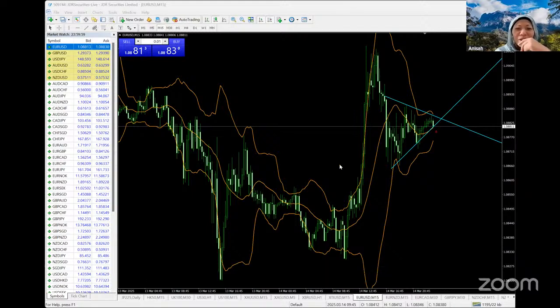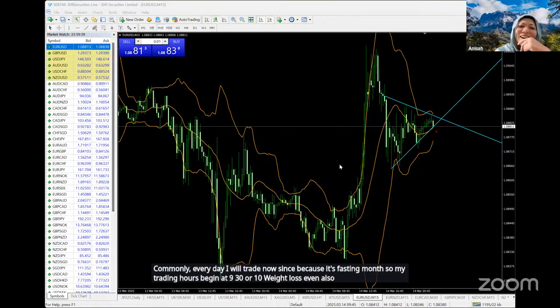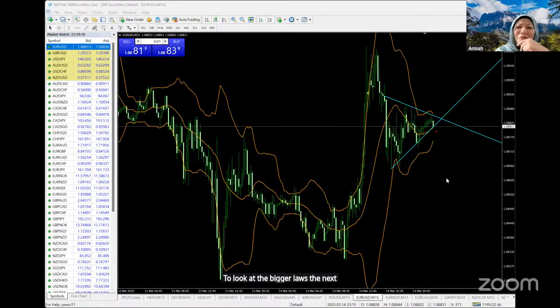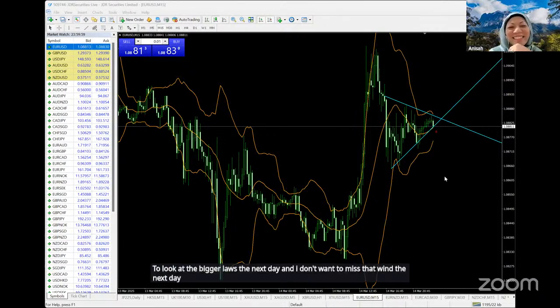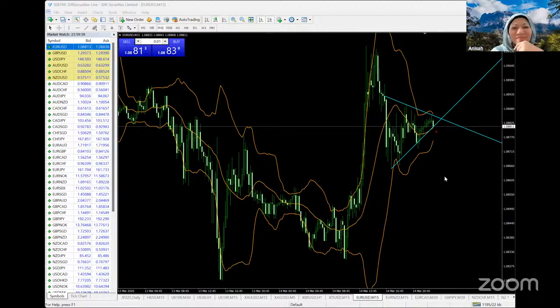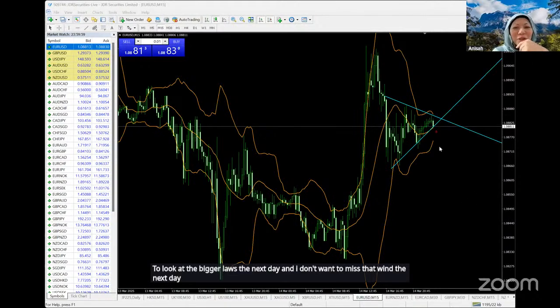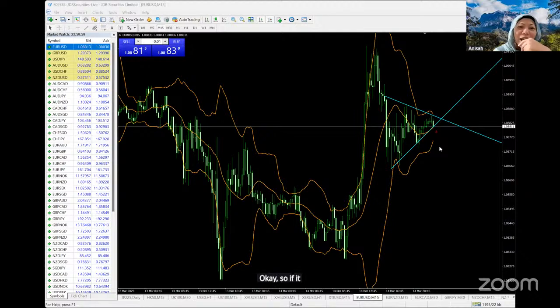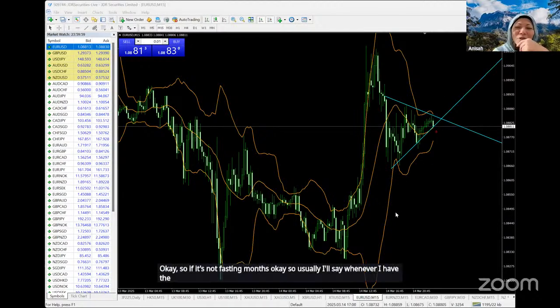Win, loss, or even, I also close. Yes, correct, Daniel. Win or loss, I close, because I don't want to look at a bigger loss the next day, and I don't want to miss that win the next day. If it's not the fasting month, I usually trade whenever I have the time, sometimes during the day, sometimes during the night.